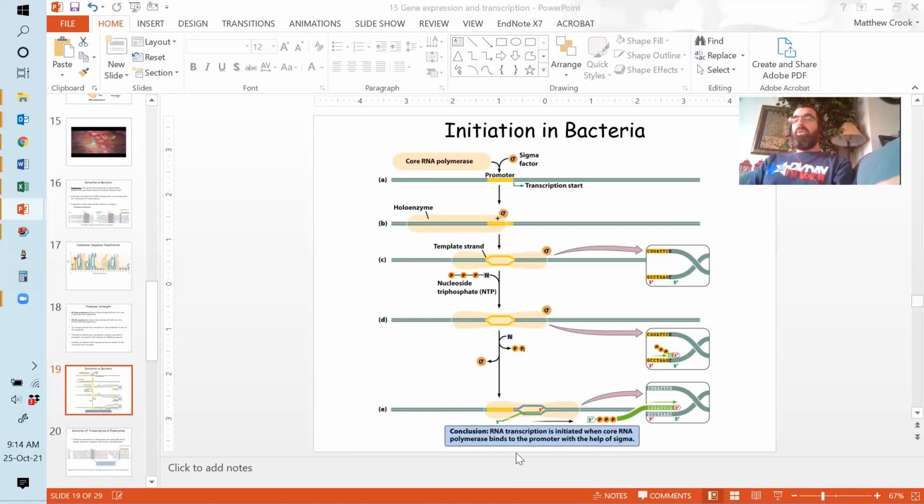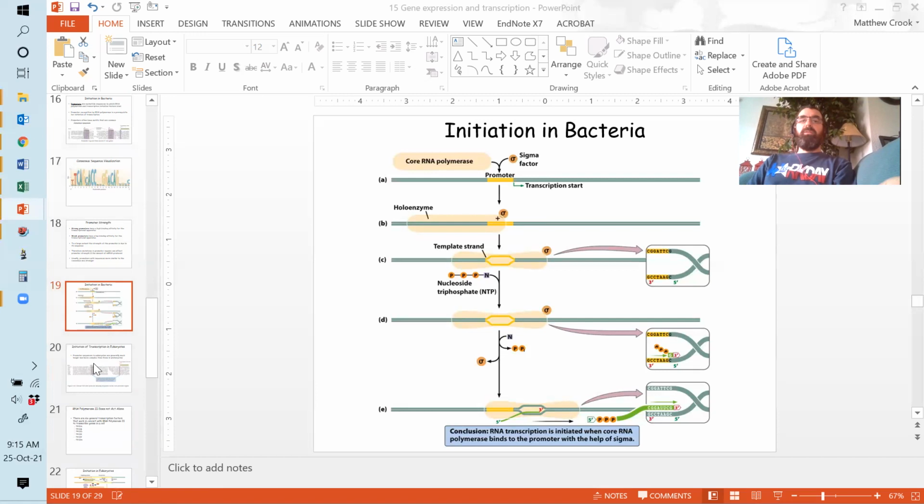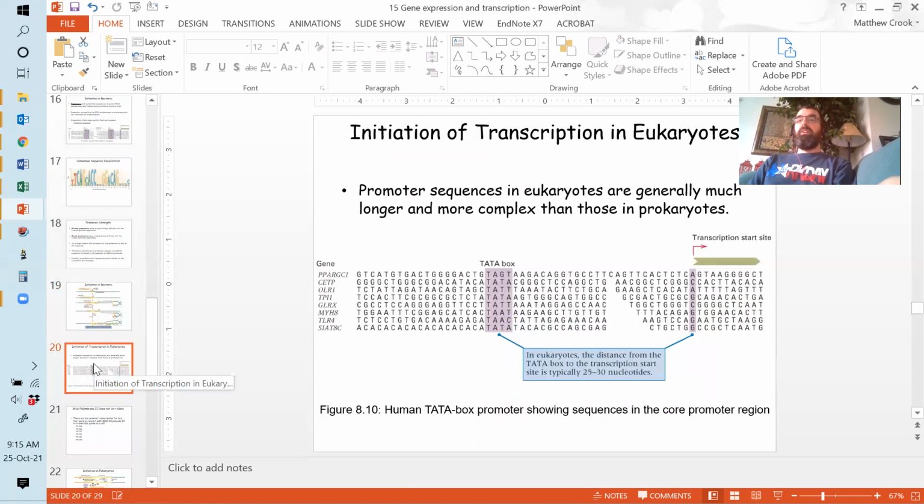Anyway, so real simple, right? Now, eukaryotes are very complex, and no sugarcoating it whatsoever.